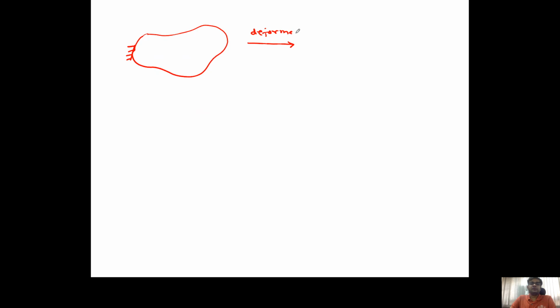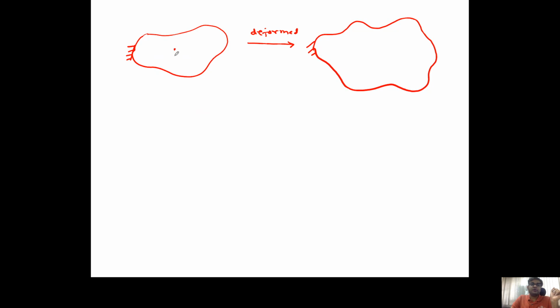So deformed. Once it gets deformed, the shape is going to change obviously, right? So let us say it has changed, and this is now my deformed shape, right? Now, what did we just talk about? That for defining strain, we need the line elements and the coordinate.